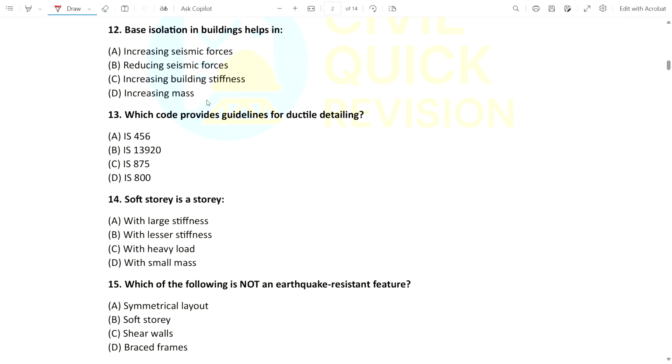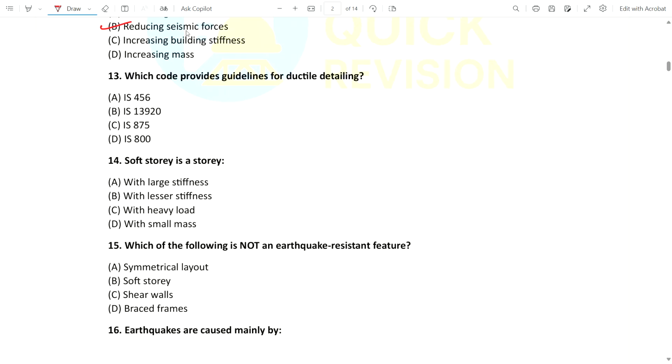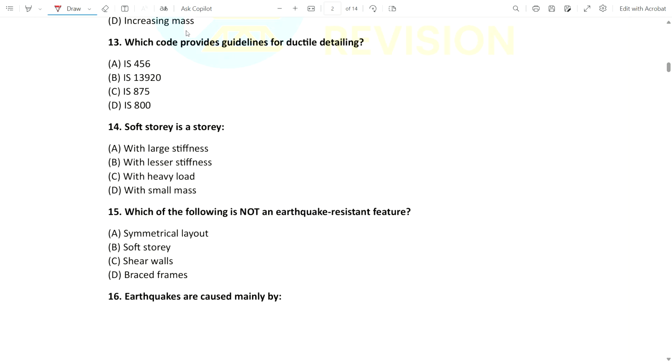Now coming to question 12, base isolation in a building helps in what? Increasing seismic force, reducing seismic force, increasing building stiffness, or increasing mass. Here the answer is reducing seismic forces. That's why base isolation is provided in buildings. Now, which IS code provides guidelines for ductile detailing?